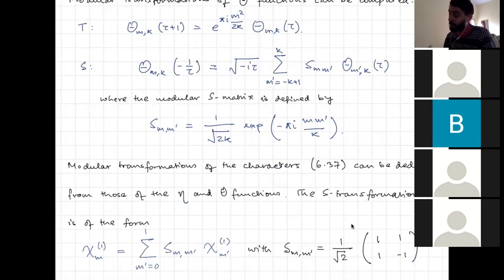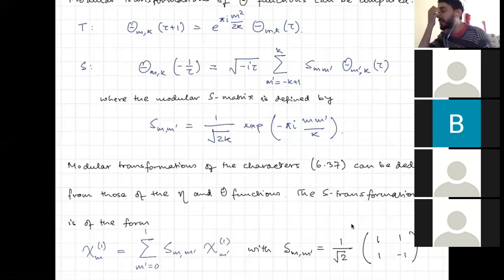There are things like the Verlinde formula and so on, which relate this particular modular S matrix with the fusion rules that we've seen earlier. Unfortunately, we don't have time to go into all of that. So the upshot of all of this is that we have seen that modular invariance plays a crucial role when we try to understand what the partition function of a CFT is, right?